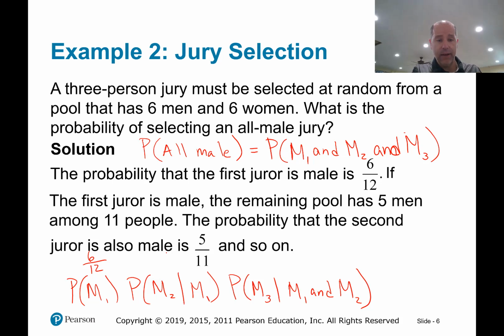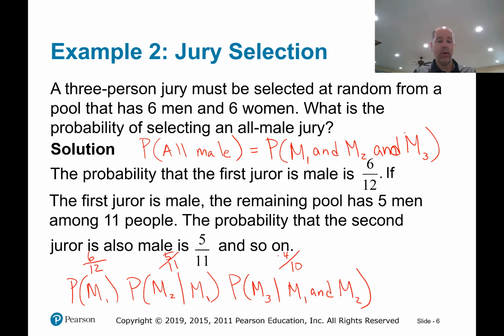The answer is 5. And how many people do I get to choose from now? 11. Now let's go to the last one. What's the probability that the third person is a male, given that I already got a male in the first and second selection? Well, now there are only 4 men to choose from, and only 10 people to choose from out of the sample.